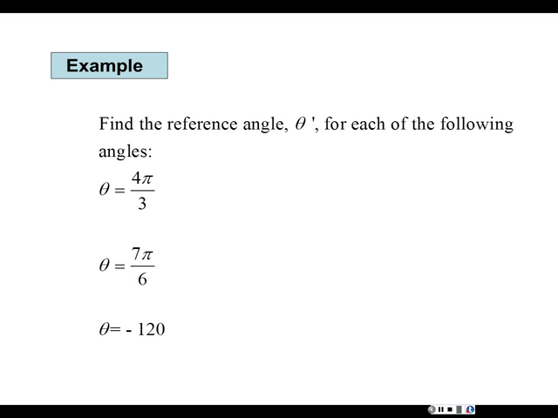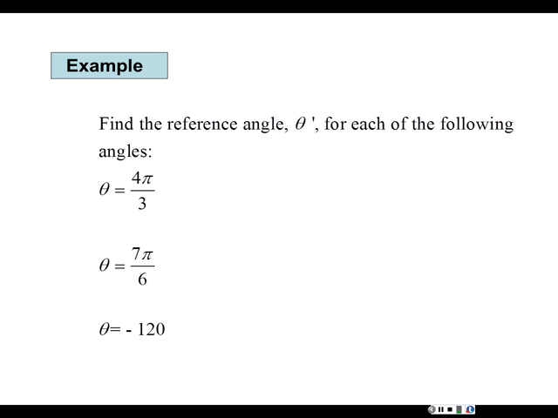It has to be 4 over 3. Now, when you divide both numbers by 3, this becomes 6 pi by 3, which is 2 pi, and this becomes 2 pi over 3.